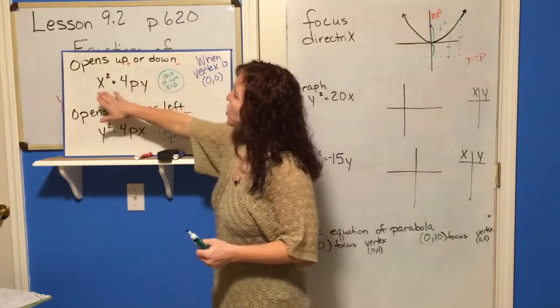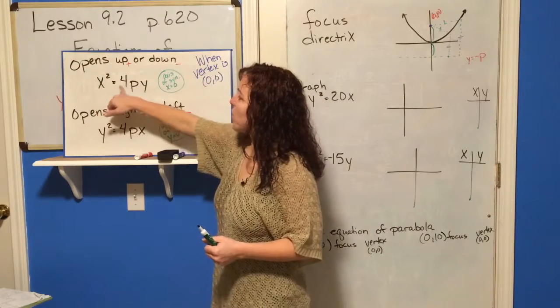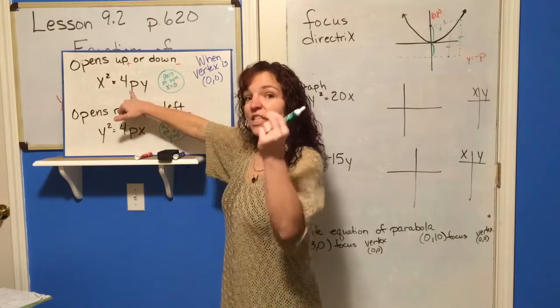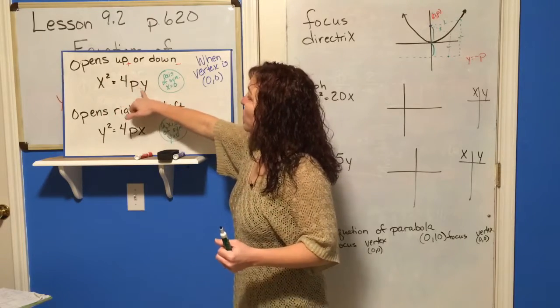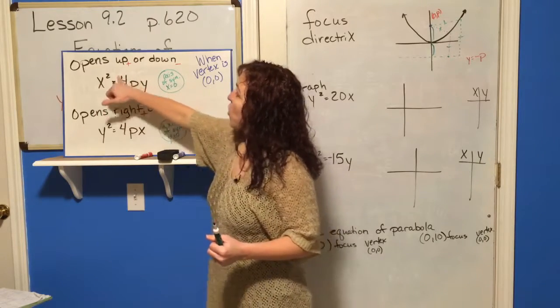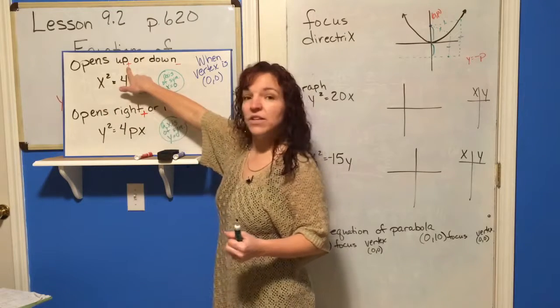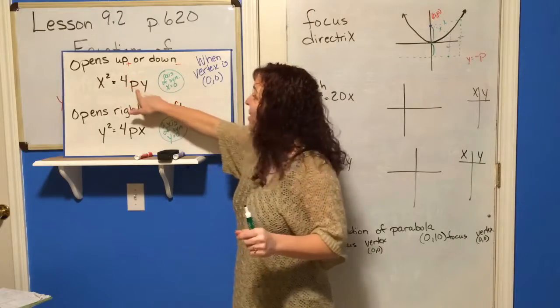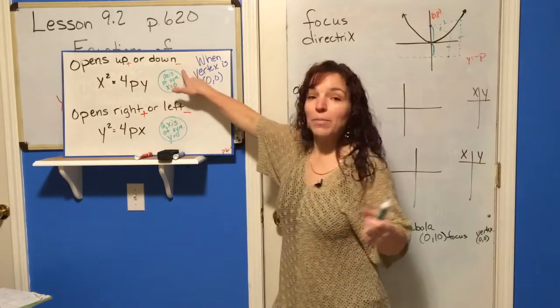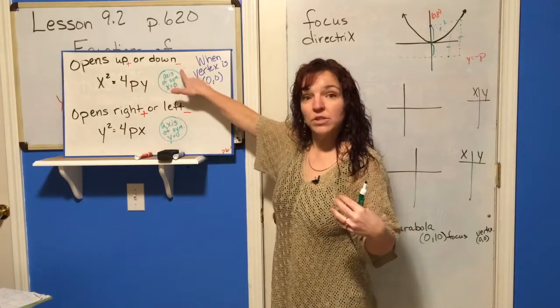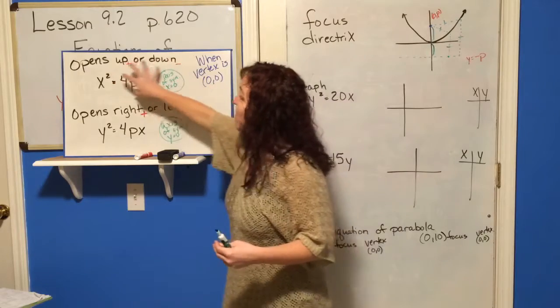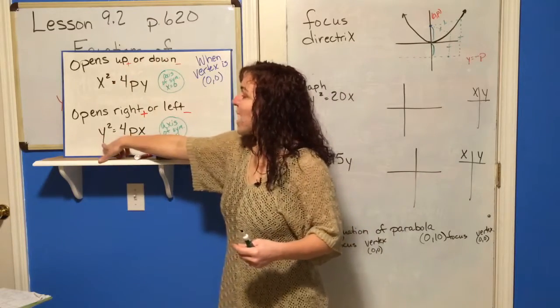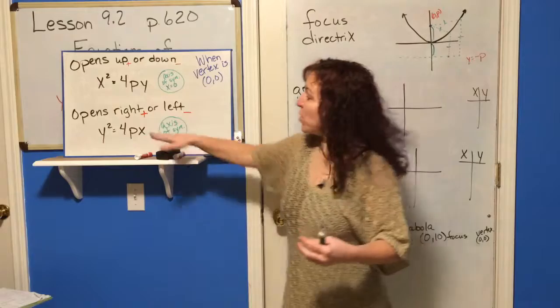So here's your formula: x squared equals 4 times the distance to the focus times y. If your p is positive, then your parabola is going to open up. If your p is negative, then your parabola is going to open down. All right? Now, the same thing happens if you've got a y squared, but only a y term.